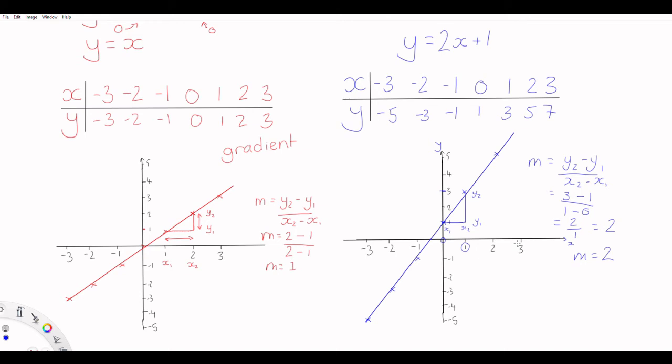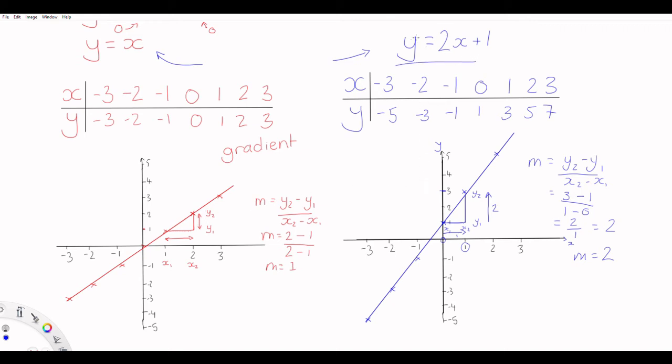Now visually, does that look correct? For every 1 we go across in the x direction, we can see that we've gone up 2 in the y direction. The interesting thing to then think about is to look back at these original equations. Originally we said y equals x, and in the form mx plus c, the m value is 1, and we've proved that the gradient is 1.